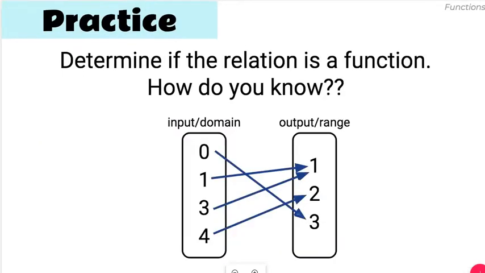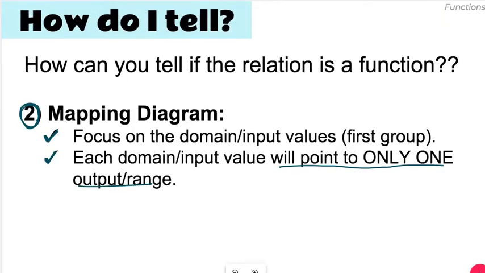Let's look at the mapping diagrams. So if we look back at how to determine whether a mapping diagram is a function or not, focus on the domain or input values. That's the first group. Each domain or input will point to only one output. So let's see what that looks like.